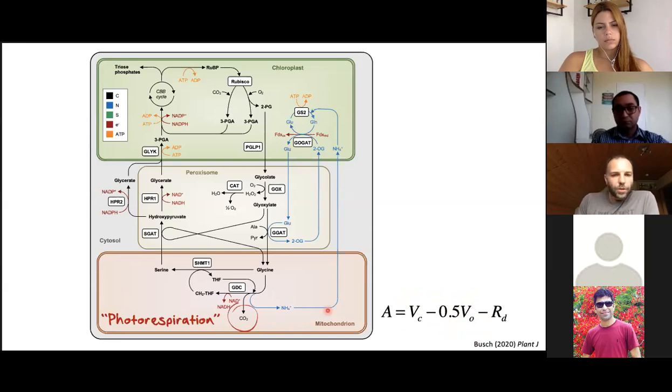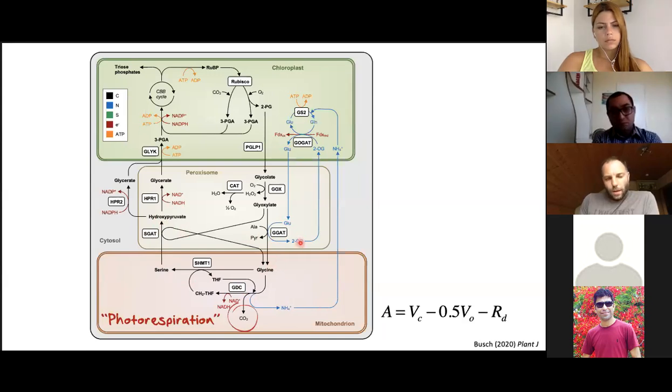The other thing that I should probably point out at this point is that in the conversion from glyoxylate to serine, we go from a carbon-containing metabolite to a carbon and nitrogen-containing metabolite, like this amino acid. So we have to stick some nitrogen in here. That is then taken away again in the conversion from glycine to serine as ammonia, or in the conversion from serine to hydroxypyruvate, which also produces glycine.